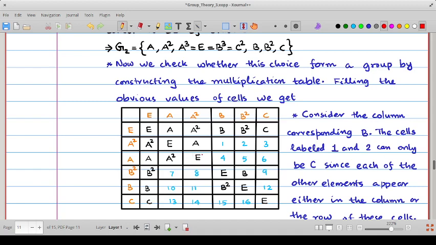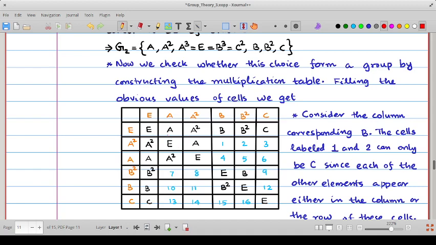Similarly, we consider this cell where the column label is A square and the row label should be the inverse of A square, so that when we multiply A square with that element, we will get E. So the inverse of A square is A because A cube is E. This is what happens for all other rows as well.